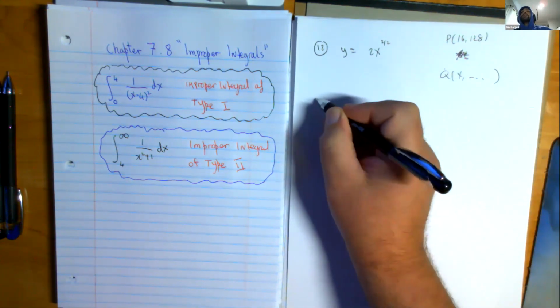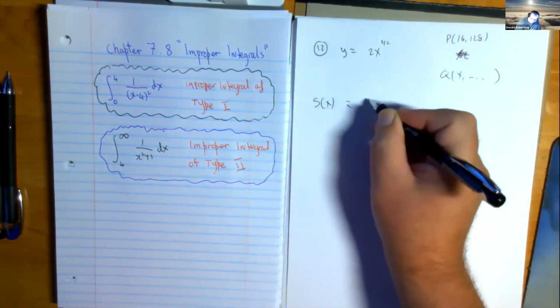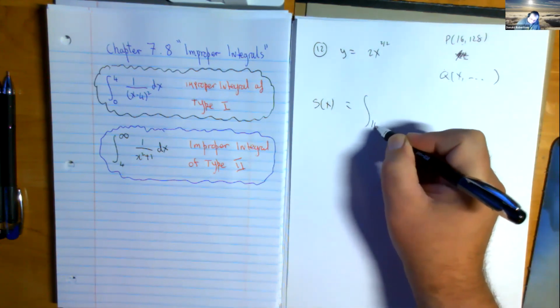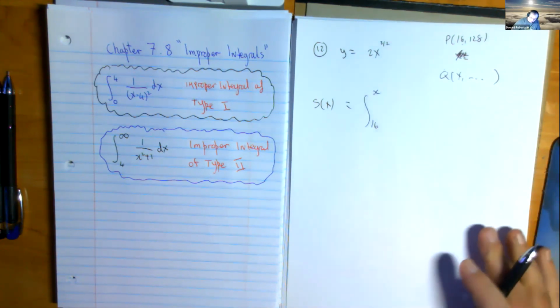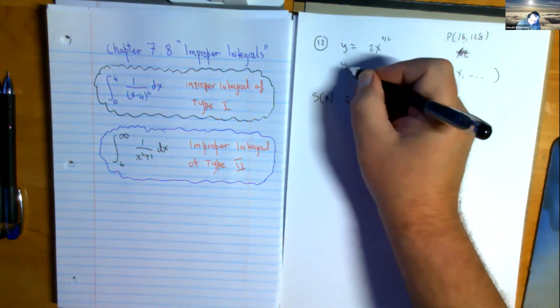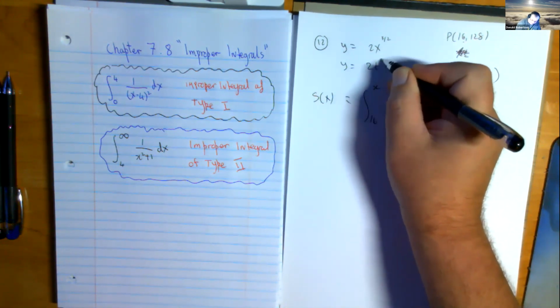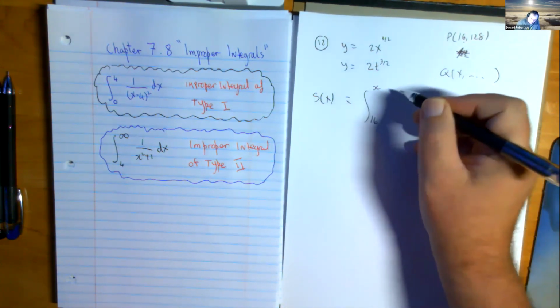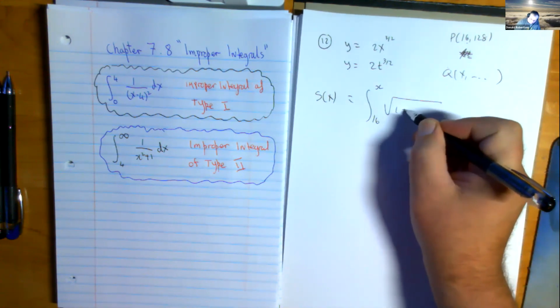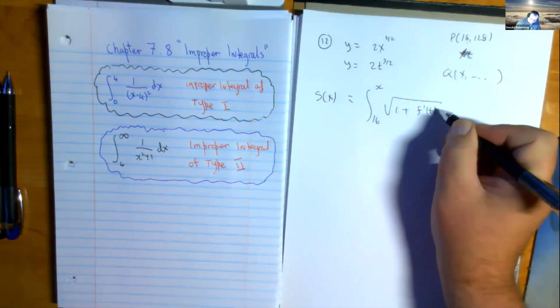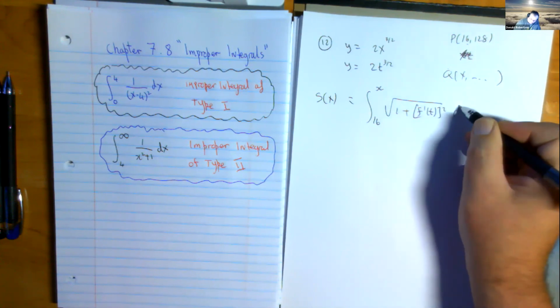Okay, so s of x, the arc length function, is from 16 to x, and you turn the function into t's. So it's going to be the square root of 1 plus the derivative squared dt.